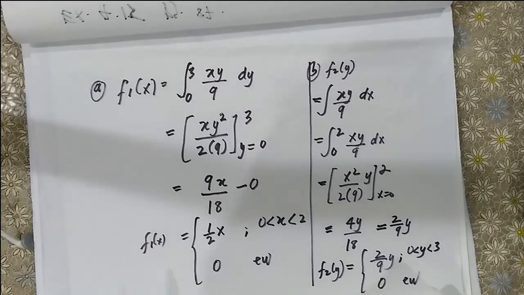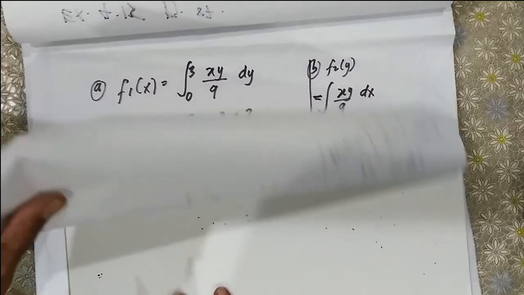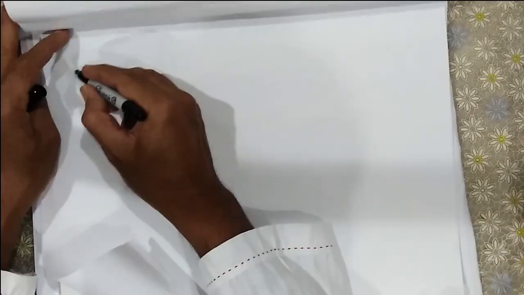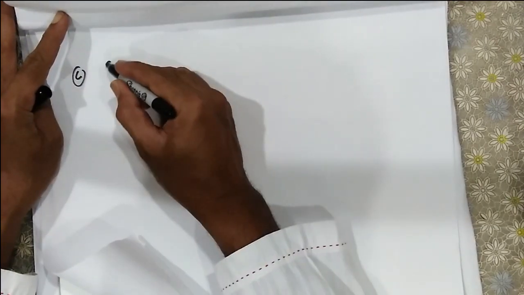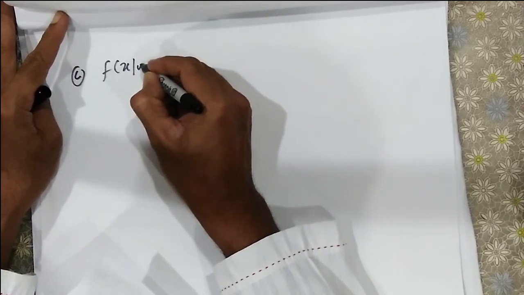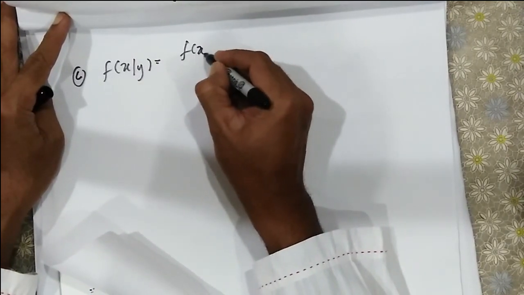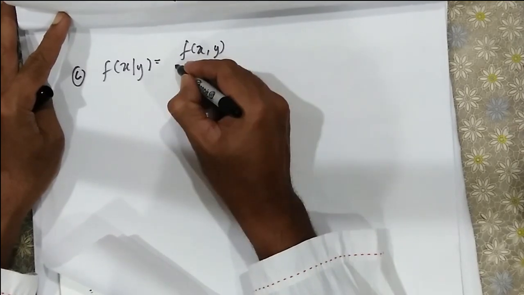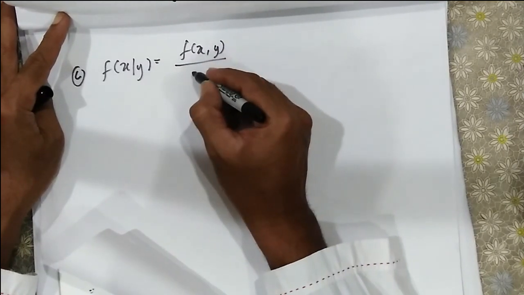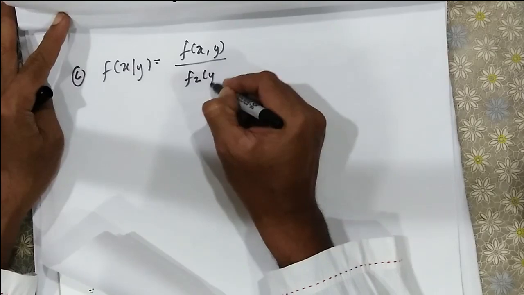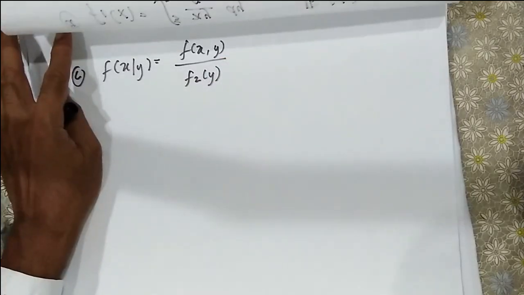Then from here we can solve the conditional probability of x given y. The conditional probability of x given y, f(x given y), is equal to f(x,y) divided by f sub 2 y.